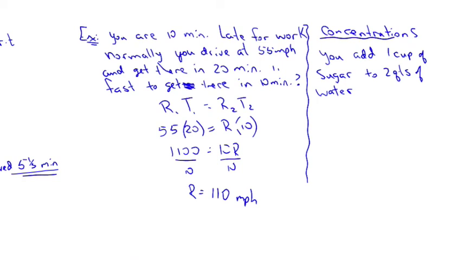Now, this has a concentration. It's literally 1 cup per 2 quarts of Kool-Aid, right? Or in this case, it would be sugar water. So if it's 1 cup of sugar for every 2 quarts of water, this has a concentration of 1/2 cup per quart. When you do your division, or 0.5 cups per quart.